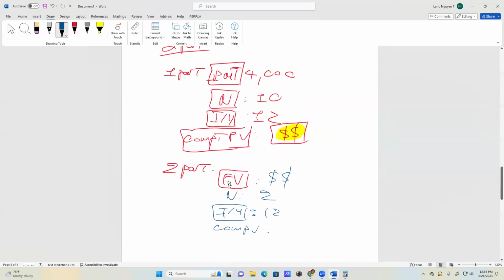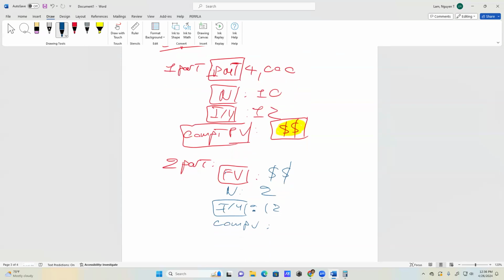Something to watch out for, remember, if you put the future value as a positive, remember to put, well, okay, in this case, no worry. But remember in a problem where you have to find I/Y, the interest rate, they give you the present value, they give you the future value.